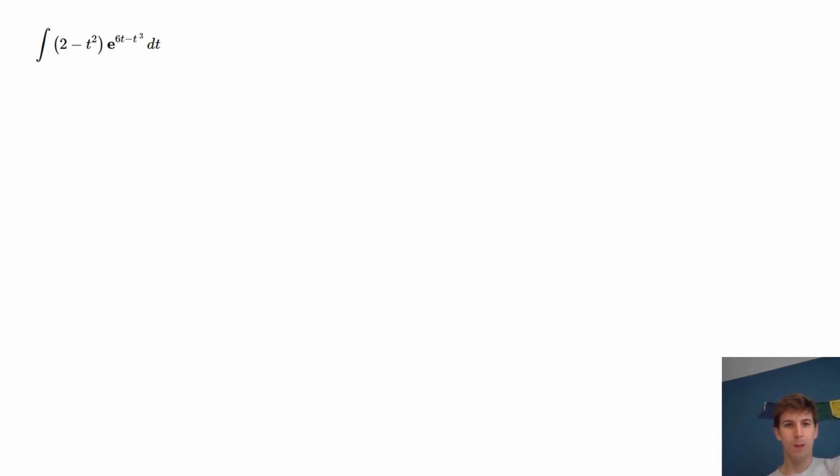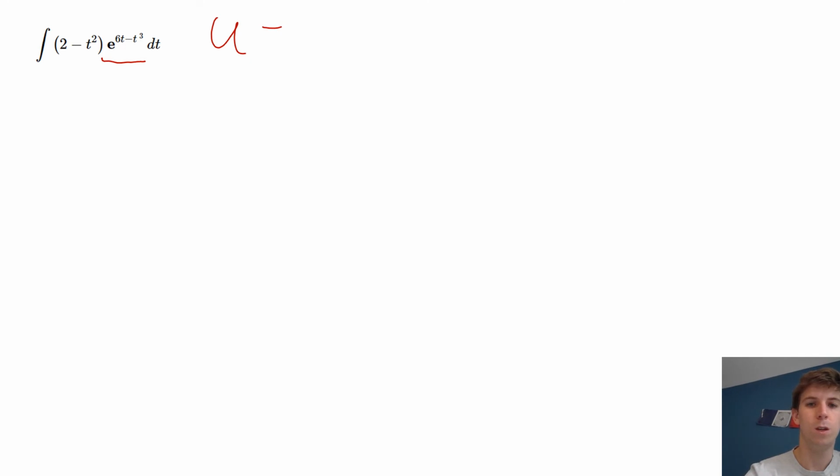Okay, example 3 here. We got some e's going on here, but remember, e's look a lot more complicated than they actually are. They are actually quite easy to work with. So thinking about what to make our u here, I see I have e raised to that exponent. So I'm thinking let's try making that exponent our u.